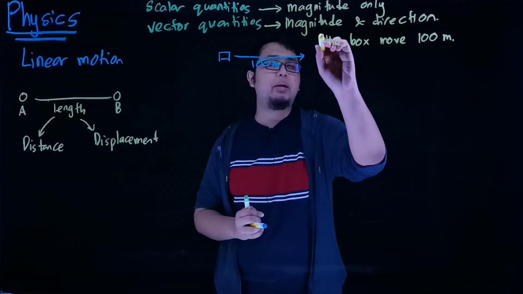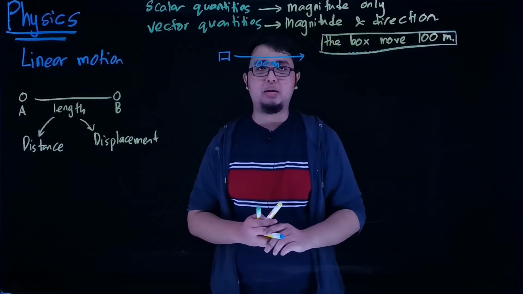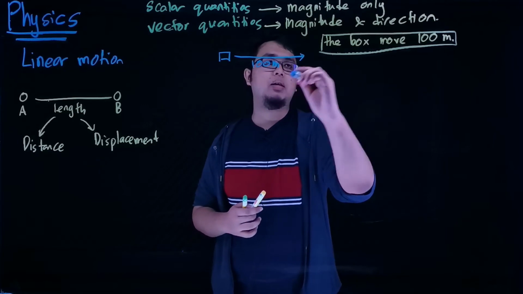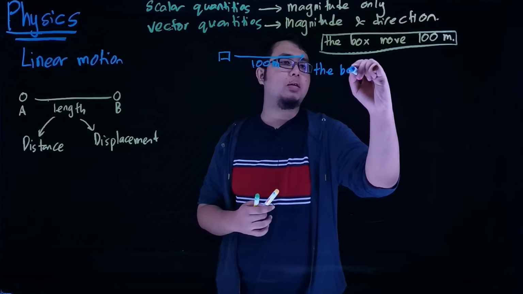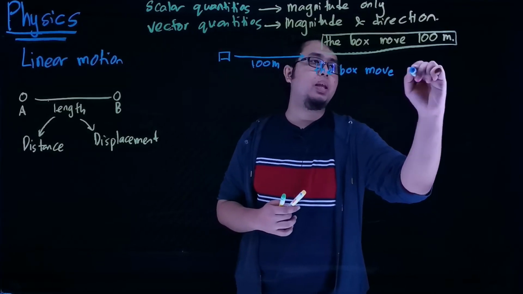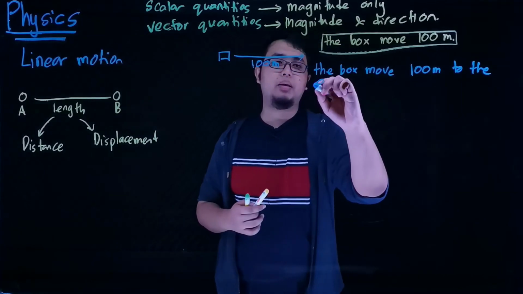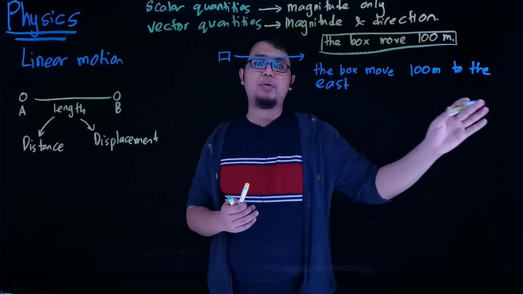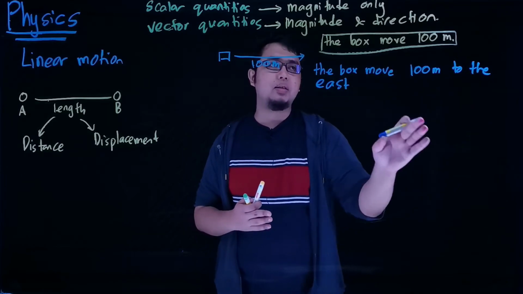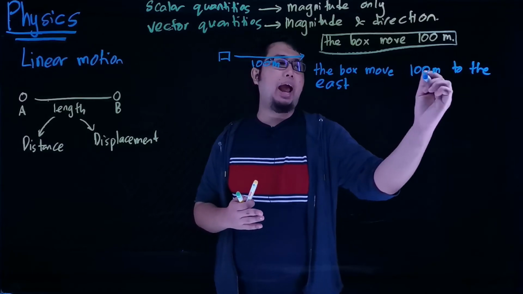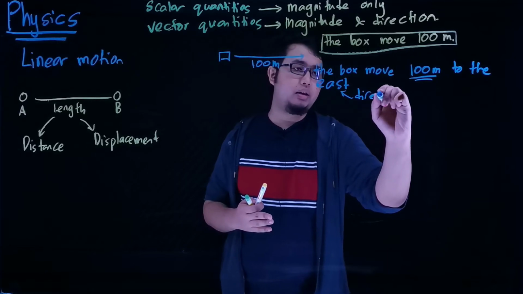That's why this statement is a scalar quantity. It doesn't have any direction. And then we go with a vector quantity. The box moves 100 meter to the east. So because it's moving to the right, we say that the box moves 100 meter to the east. So this movement has its own magnitude as well as direction.